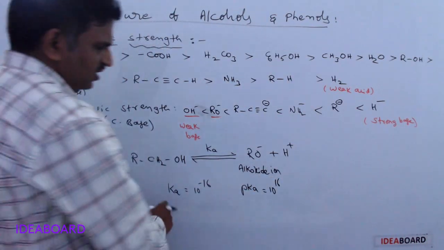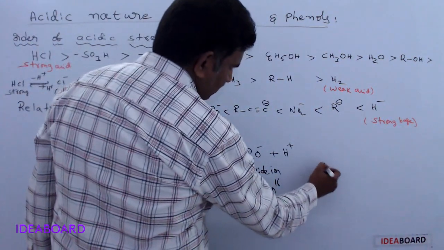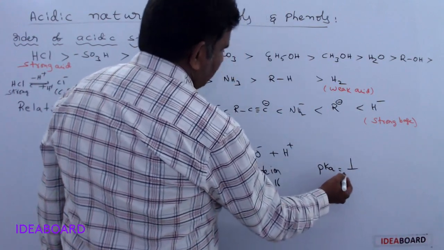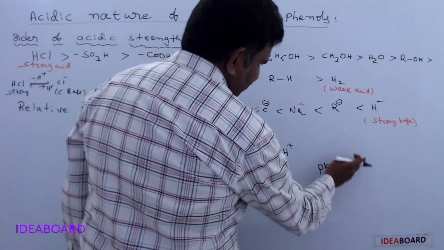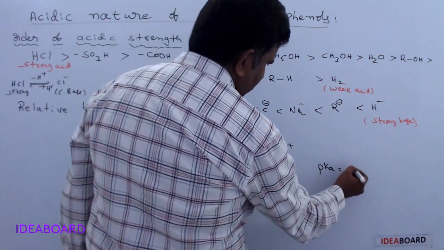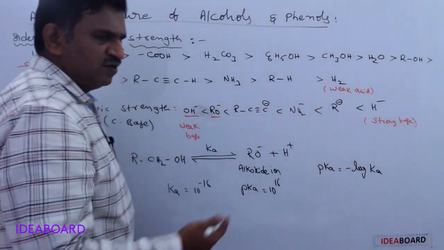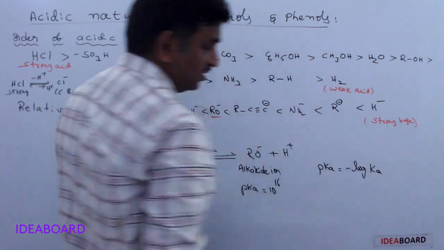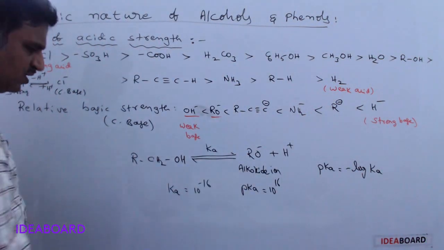So Ka and pKa are inversely related. You studied this in ionic equilibrium in first year. pKa is equal to minus log Ka, or log 1 by Ka. Whatever it may be, it is the reciprocal relation of Ka. So when Ka values are more, what happens?